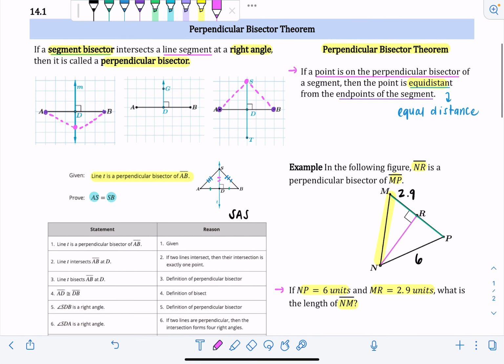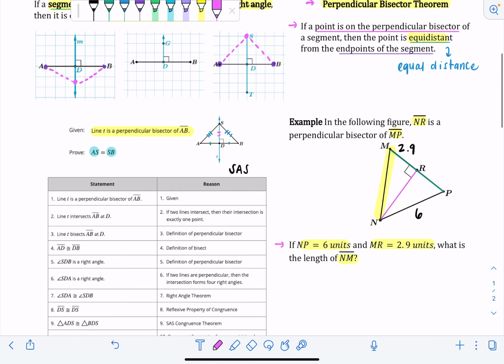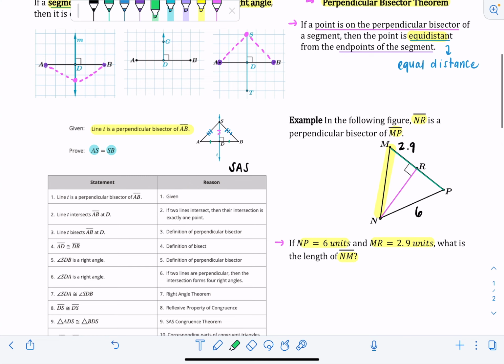So the perpendicular bisector theorem, I'm not going to read it out loud again, but we have a point, N, that is on the perpendicular bisector. That means that point N is going to be equidistant from the two endpoints of the segment that was bisected.